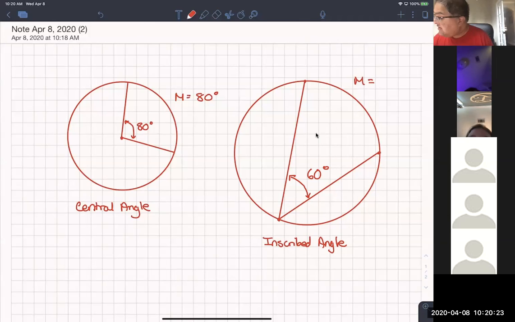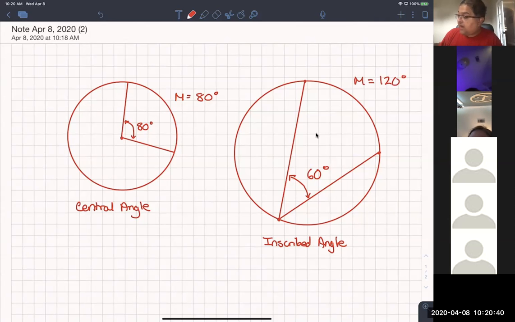So if the inscribed angle is 60 degrees, the arc is double that, which is 120.